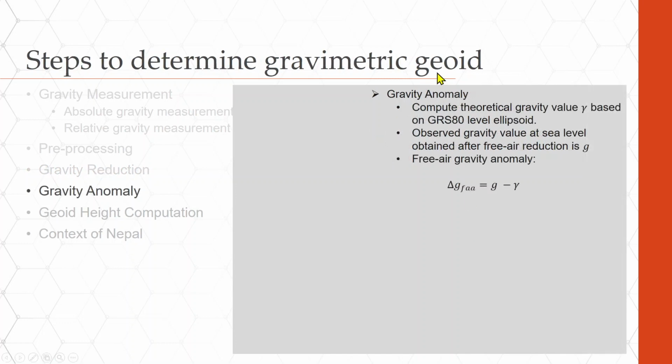Next step is computation of gravity anomaly. First, we compute a theoretical gravity value gamma at the position of that gravity station based on the GRS 80 ellipsoid.